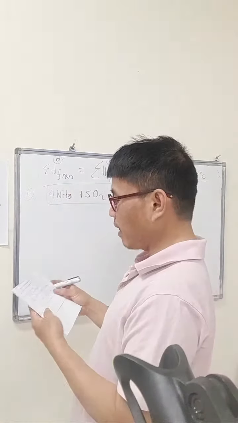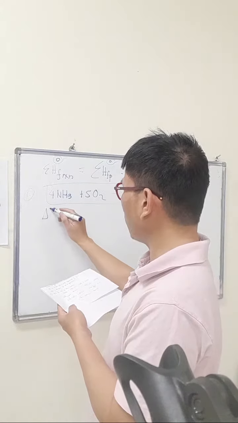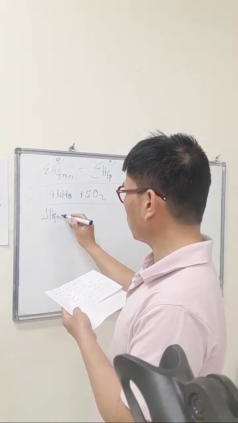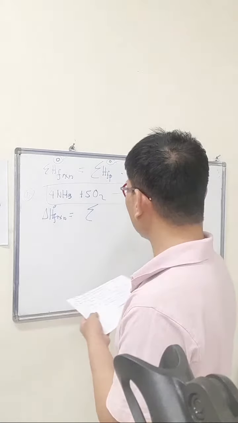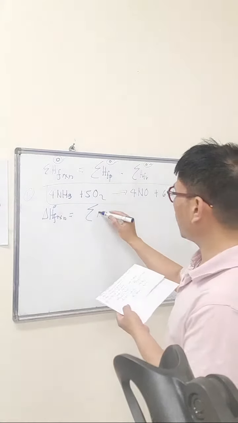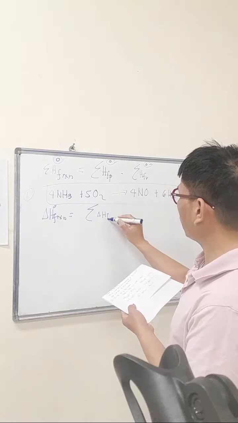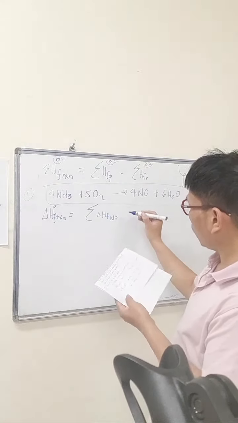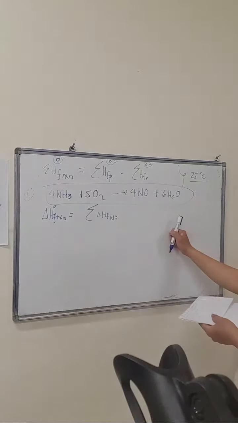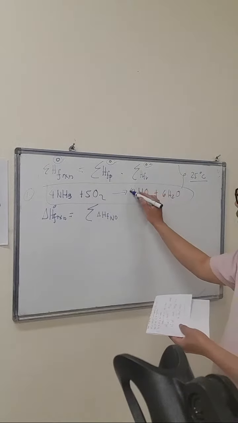So the delta H of the formation of the reaction equals the summation of the products, which is the enthalpy change of the formation of NO, take note, NO, times the number of moles, which is 4.